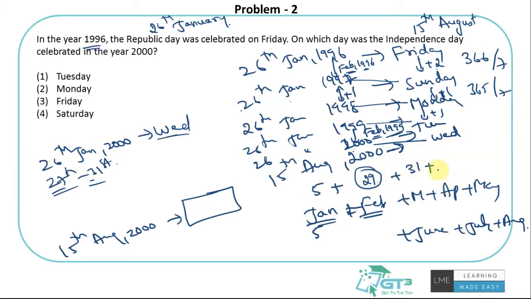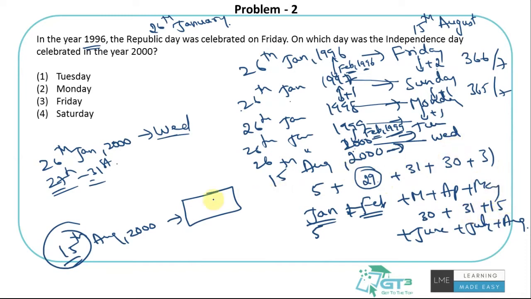What is April? 30. What is May? 31. What is June? 30. What is July? 31. August I should do only till 15th, including 15th. So that is 15 days. So I can add all of this: 5 plus 29, 34 plus 31 is 65, 95, 126, 156, 187, 192 and 202.